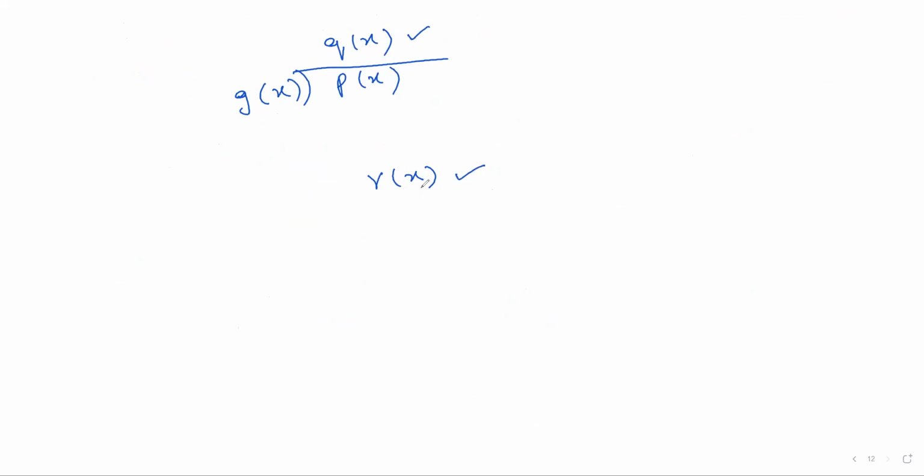So let's decide upon what we want. Let's decide upon a degree that we want. Let's consider them 1. Let's say this is the condition. Your degree of q of x should be equal to degree of r of x, and you're considering this value as 1.